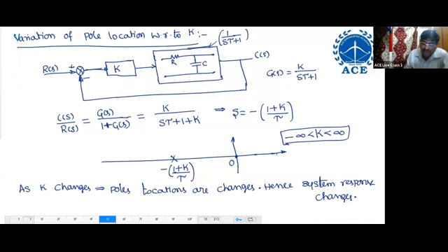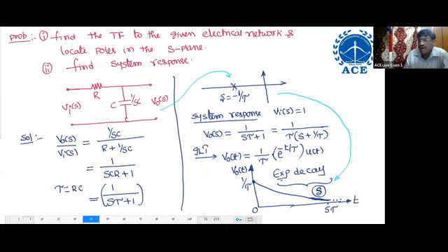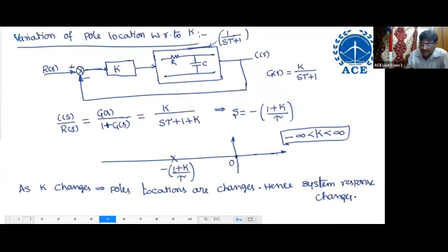Before that, what do you have to remember? One pole on the negative real axis. What is the system nature? Exponential decay. The pole on the negative real axis, system nature, exponential decay. Next, for example, I'll take many poles on the negative real axis, not one pole. What is the system response?